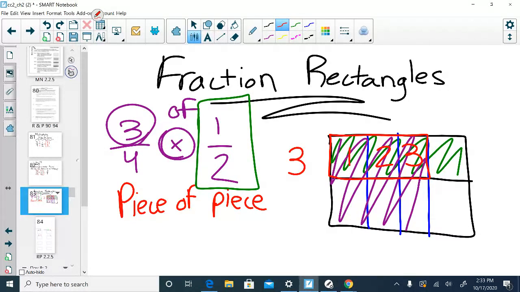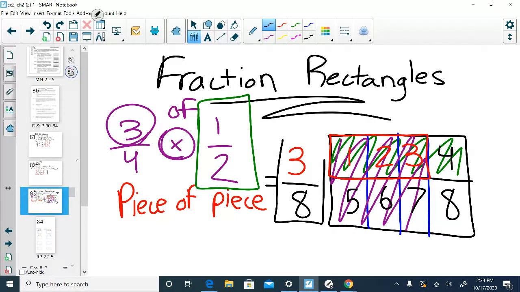And then if we look at the total pieces we drew, we have 1, 2, 3, 4, 5, 6, 7, 8 total pieces. So here our fraction would be 3/8. So 3/4 of 1/2, or multiplied by 1/2, would equal 3/8.